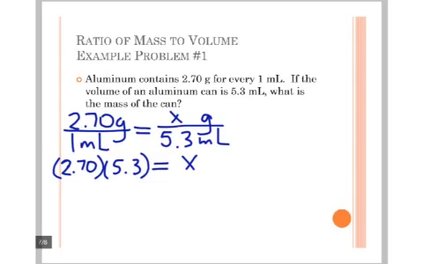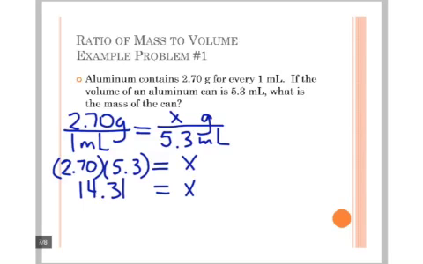And if I leave those units in during the algebra, sometimes people will get confused and think that they're variables. They're not. They're just labels telling how stuff was measured. So I'm going to calculate here. 2.7 times 5.3, I got 14.31 equals x.